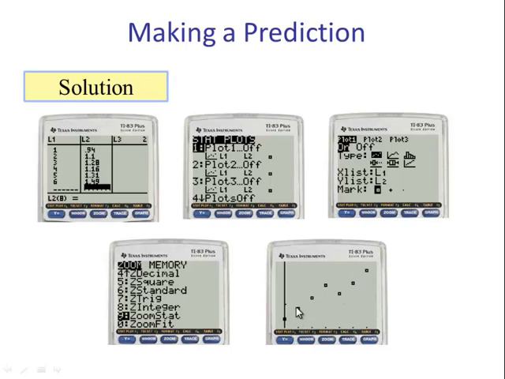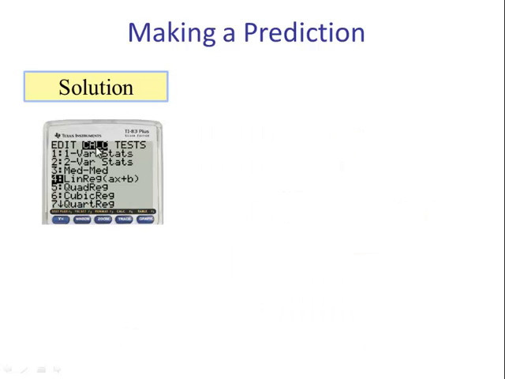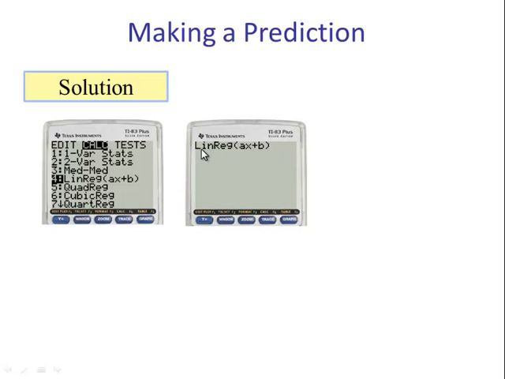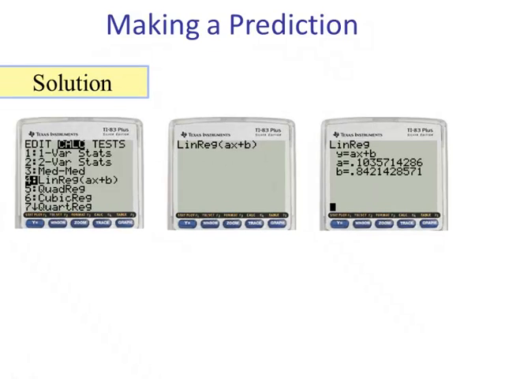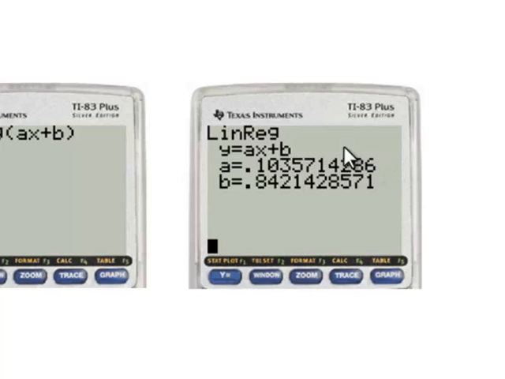This does look like roughly a linear pattern. To find the model that fits this linear pattern, we hit the stat button. We use the right arrow key to calculate, then number 4, which is linear regression. We hit enter. This pastes the linear regression command in the home screen. Hit enter again, and then we have our line of best fit.